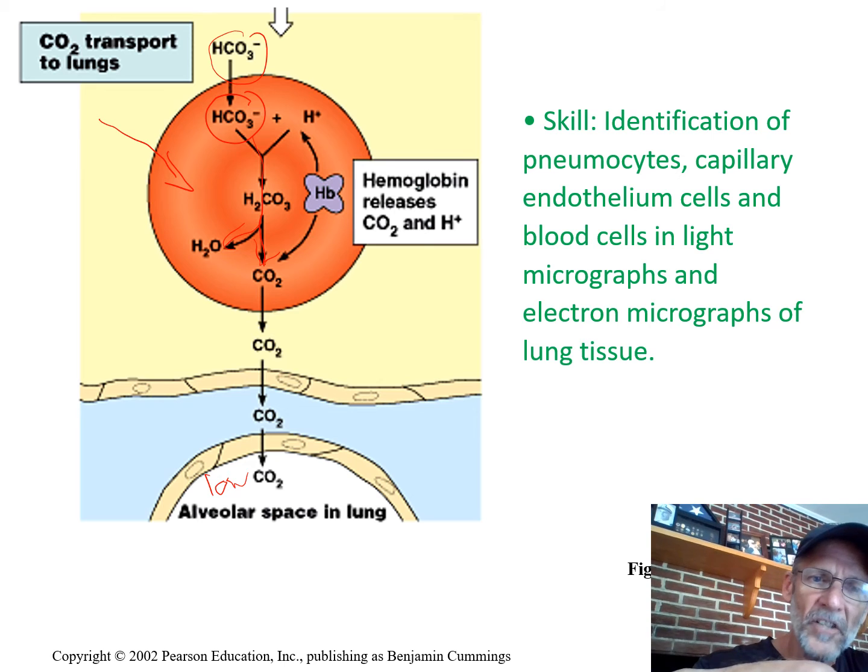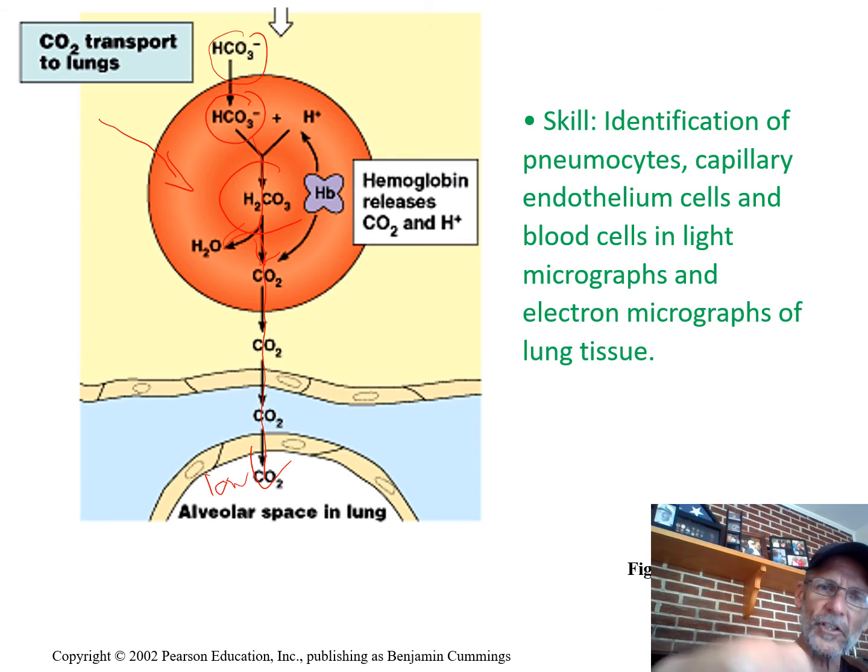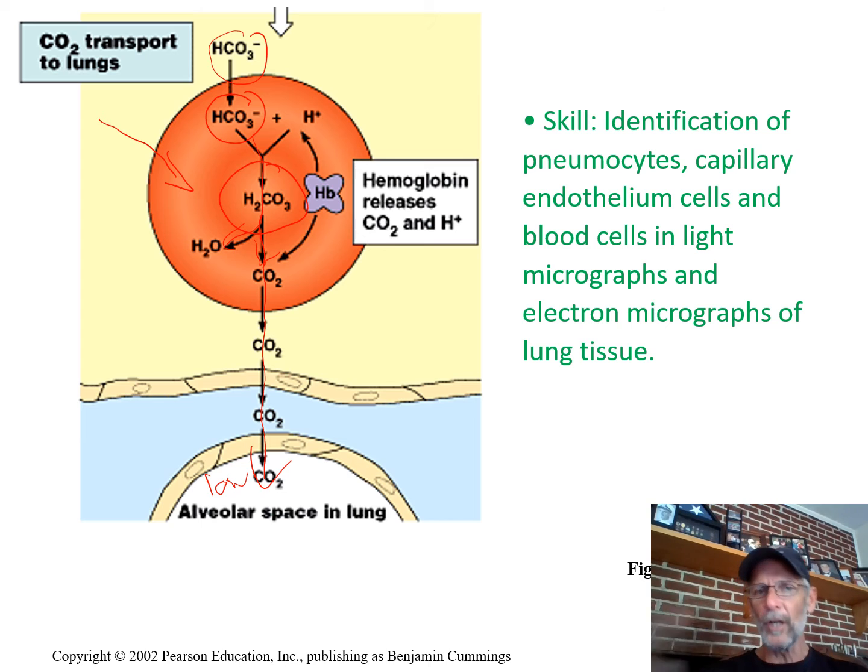The carbon dioxide now in high concentration diffuses towards where it's lower. That stuff you should always recognize. So if they told you this whole story and asked you questions about concentration gradients, questions about pH and stuff like that, you should be able to answer those parts, but they're not going to ask you to identify these parts.